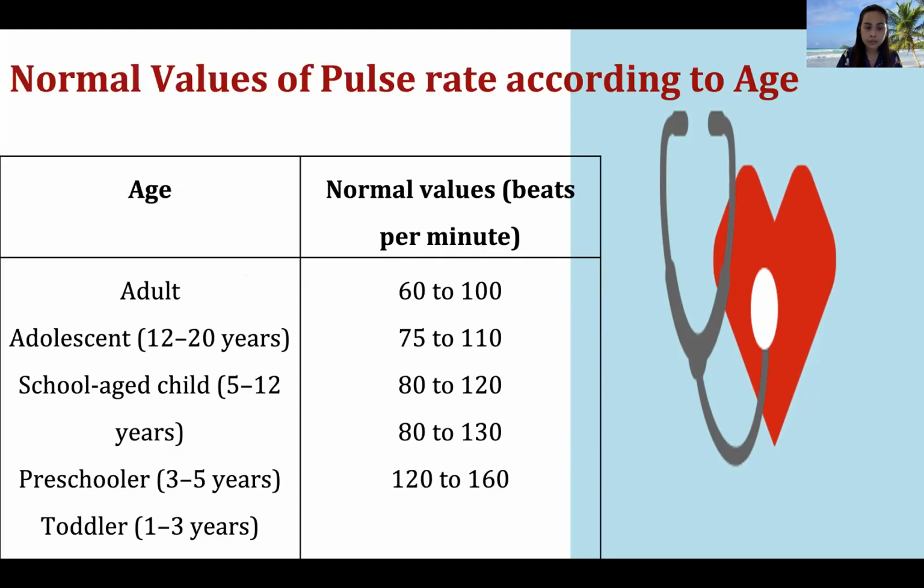If your patient is an adult, the normal is 60 to 100. So if the patient is having 150 beats per minute, it will be considered tachycardia, because the normal is 60 to 100. Again, you should know the normal so you can know the abnormal.